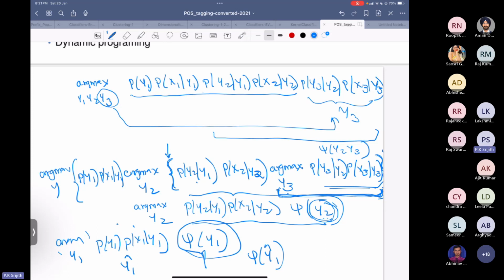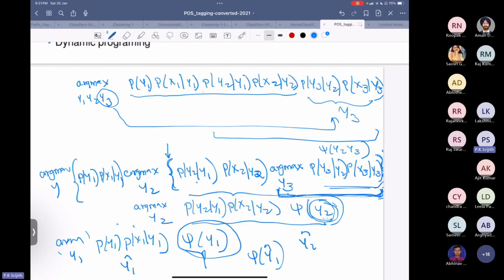So you have this psi of y1 cap and some value associated with it. What is that y2 that gave you that value? Let that be y2 cap.